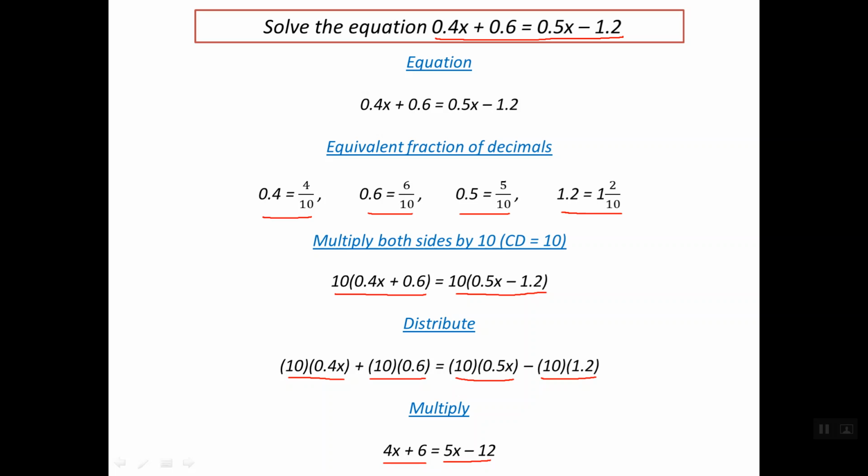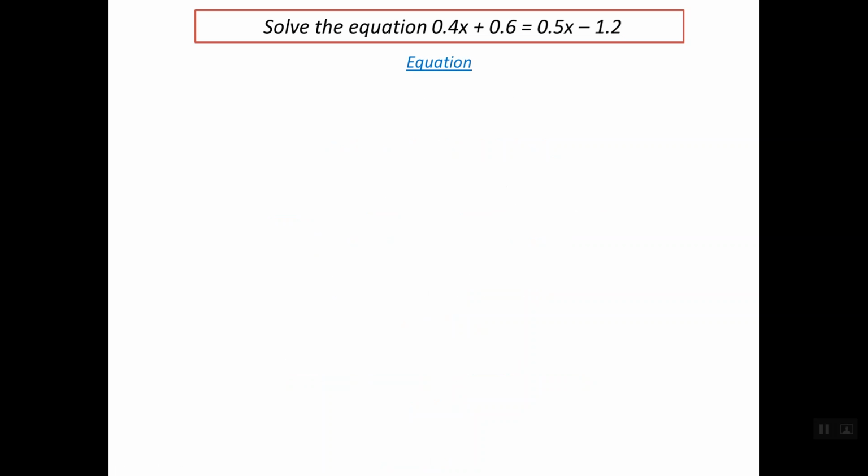I have talked in a previous presentation about how to deal with such an equation. We see that 5x is bigger than 4x, so we keep the variable on the right side of the equation and the constants on the left side.